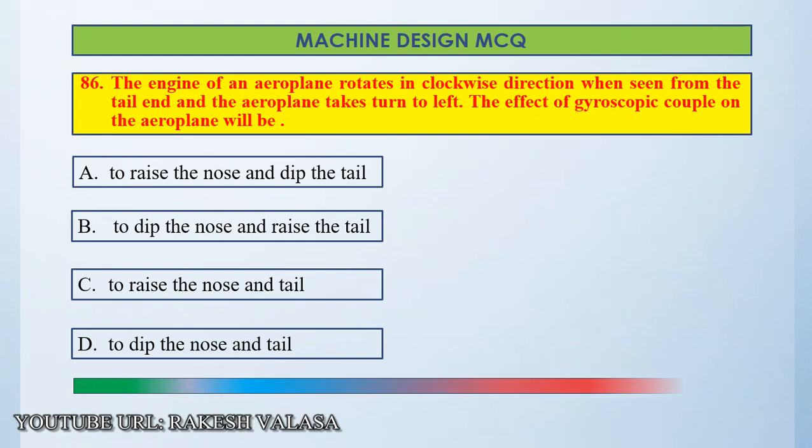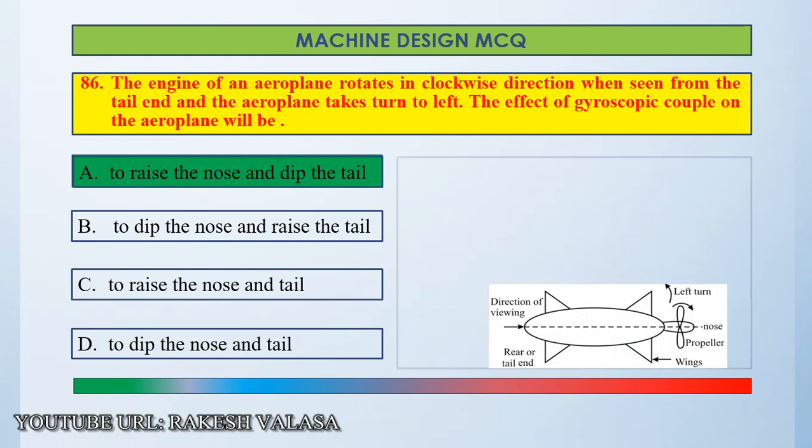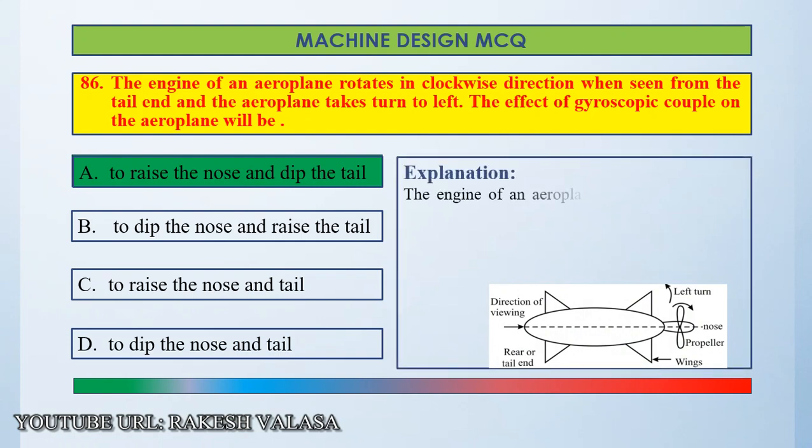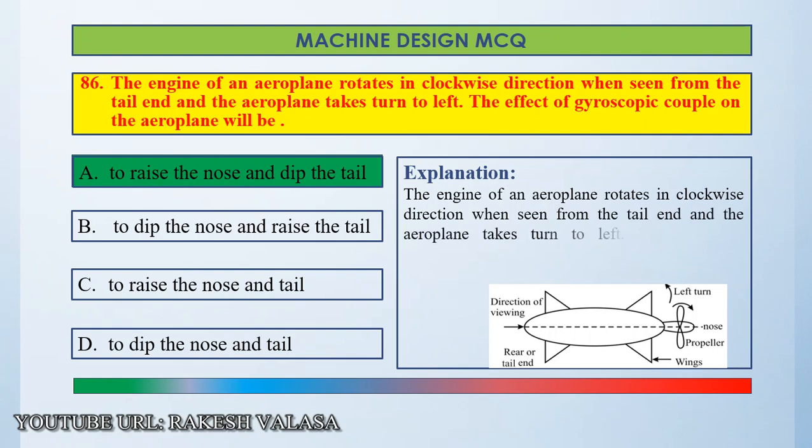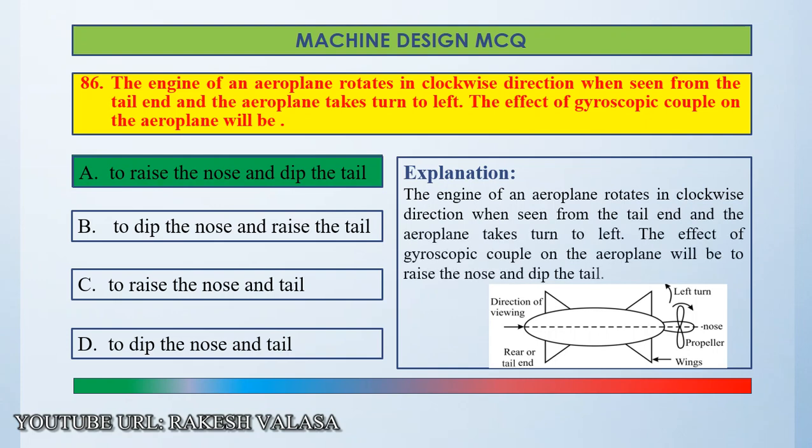The correct answer is option A, to raise the nose and dip the tail. Let us see the explanation. The engine of an aeroplane rotates in clockwise direction when seen from the tail end and the aeroplane takes a turn to left. The effect of gyroscopic couple on the aeroplane will be to raise the nose and dip the tail. So the correct answer is option A.